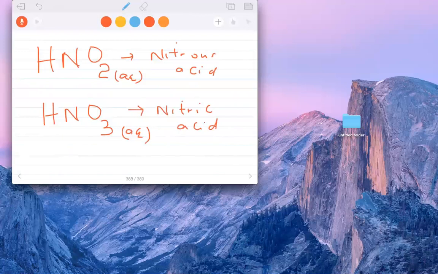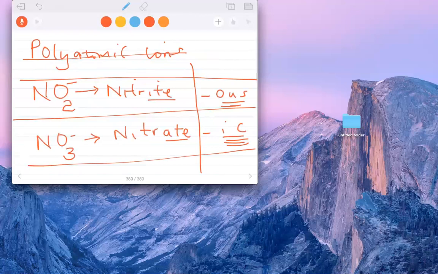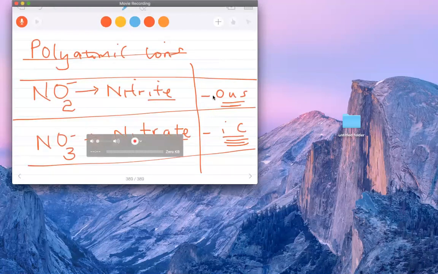You see this IC and OUS has to do with the polyatomic ions. The polyatomic ion ending ITE or ATE changes to OUS or IC.